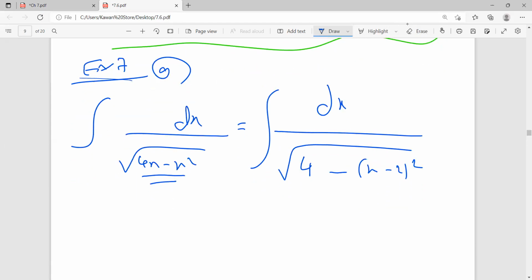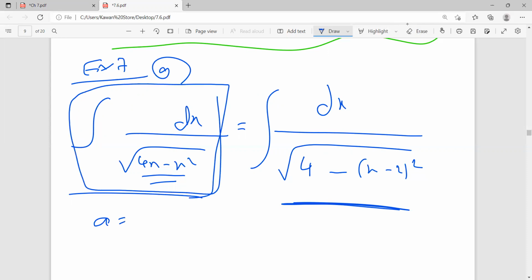Forget about this example. If you have something like that, is it the first formula or not? A is equal to what? 2. U is equal to what? x minus 2. du equal to what? dx, right? 1 dx. You are right.